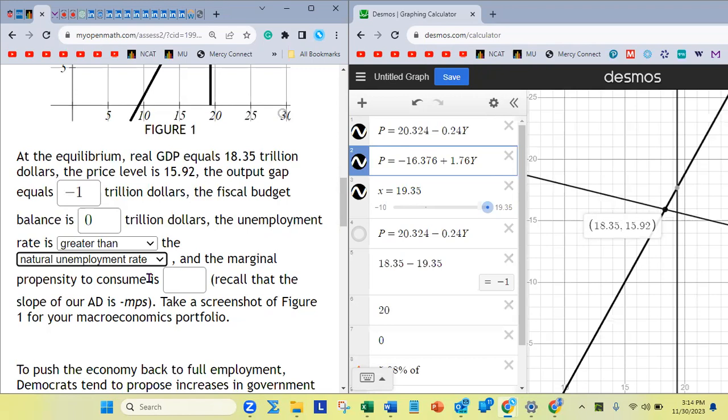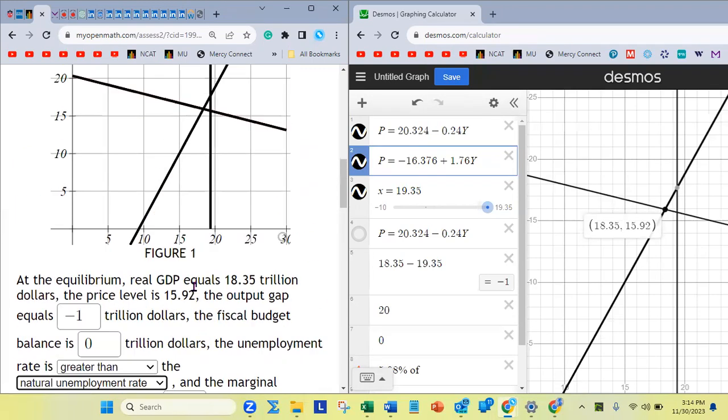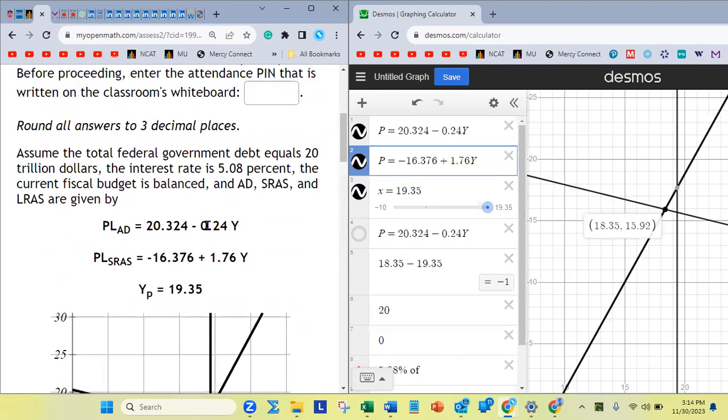Now, the marginal propensity to consume is found from the slope of aggregate demand. Remember, in our theoretical model, aggregate demand's slope is the marginal propensity to save.